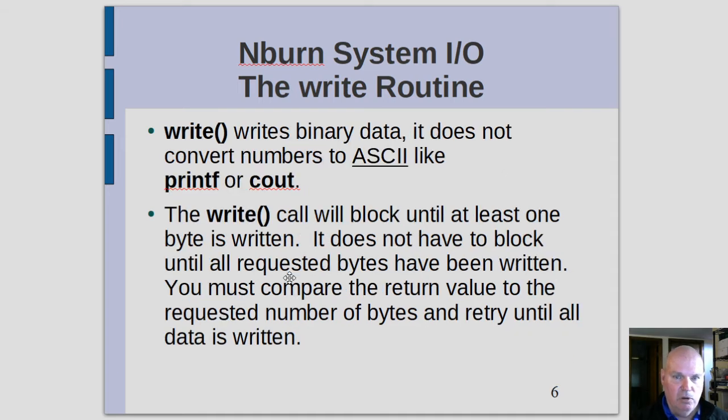Okay, so the other thing to keep in mind is that write writes binary data. It doesn't do binary to ASCII conversion like printf or the cout stream. If you write ASCII data, then it's sent directly to the terminal, and the terminal will display that as ASCII characters as you expect.